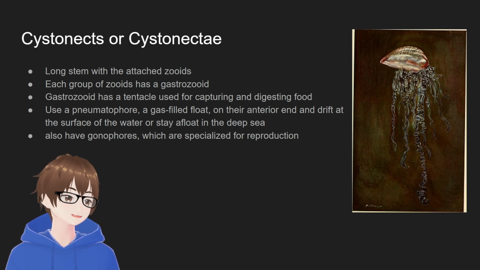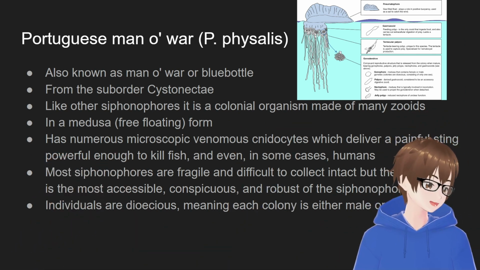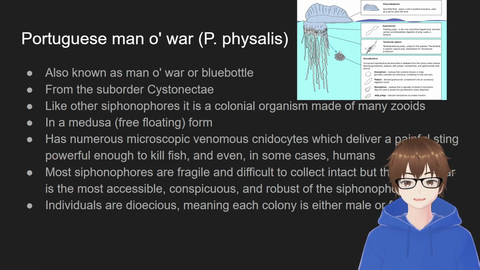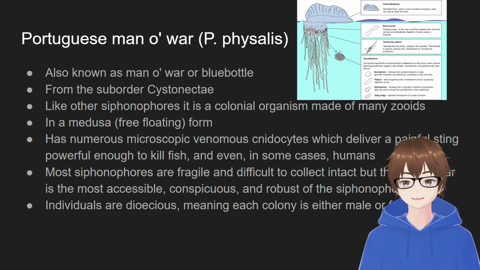And then I have the picture there. So, since we are talking about the man of war, I guess it's better to look more at it. The Portuguese Man of War is a type of Siphonophore, also known as a Man of War or Bluebottle, and I do have a picture of them up above me, which has some of the organs labeled, like the tentacle, palpon, gonopores, nectophores, all those different things.